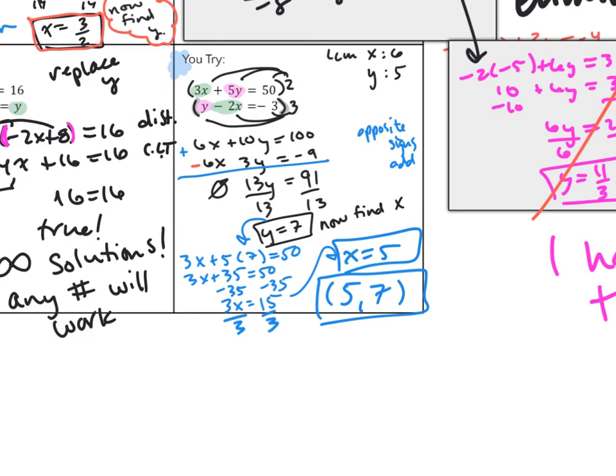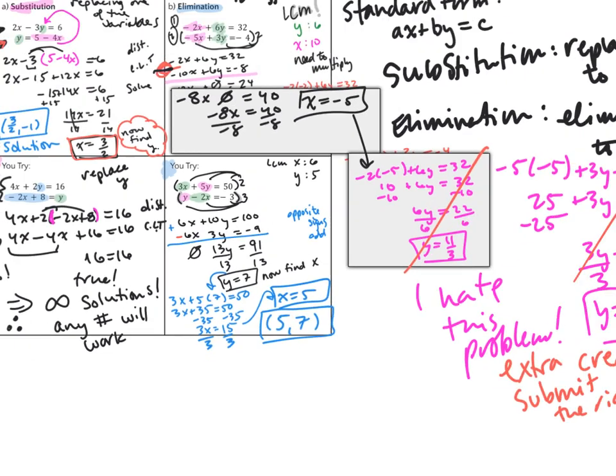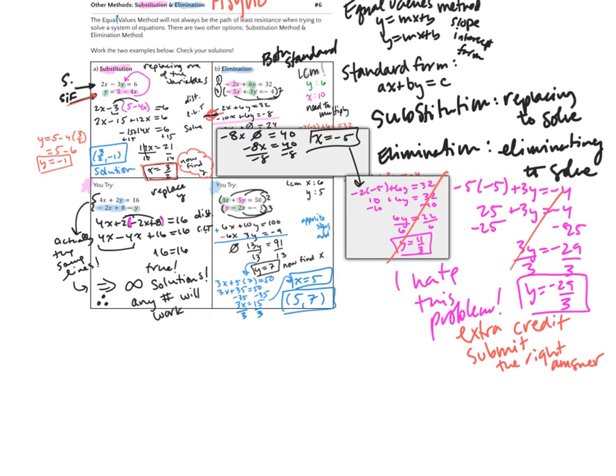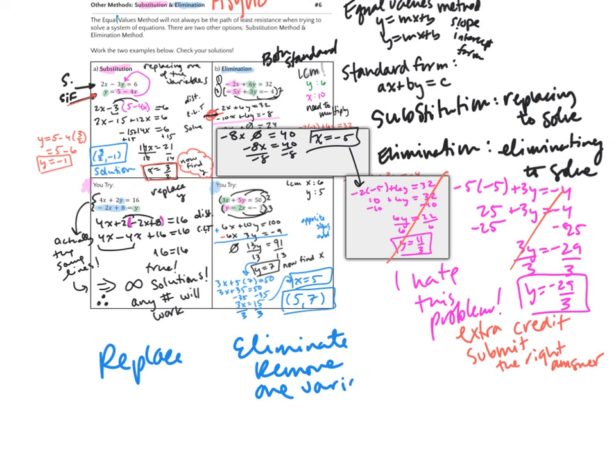So, I don't know what happened in this other one, honestly. That's going to bother me for the rest of the day, but that's okay. So substitution, you replace. Elimination, you eliminate, or remove one variable. That was longer because of my mistake.